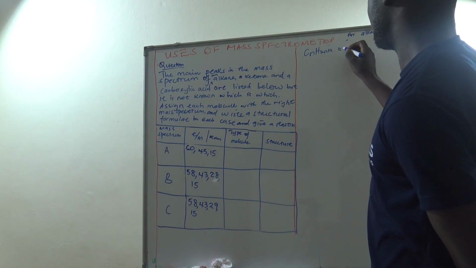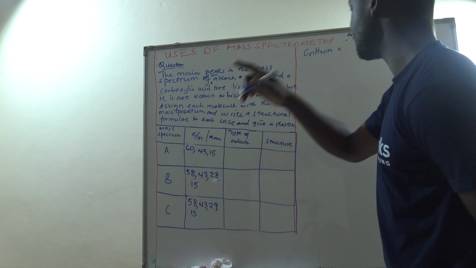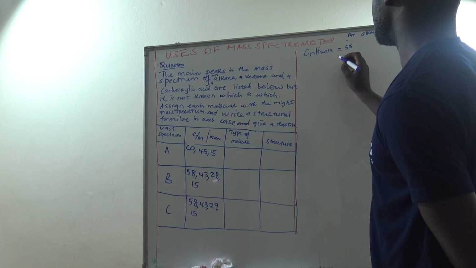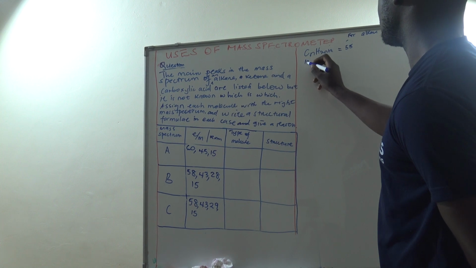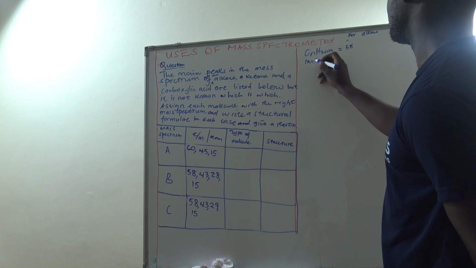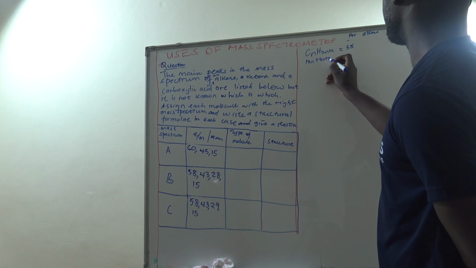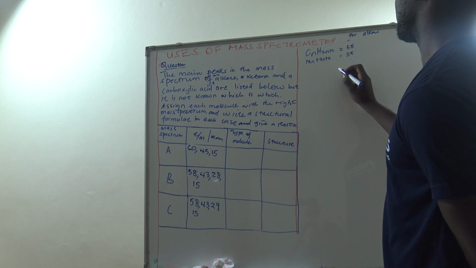Here, let's try with maybe 58. So assuming this is equal to 58, then carbon is 12, so 12n plus 2n is equal to 58.